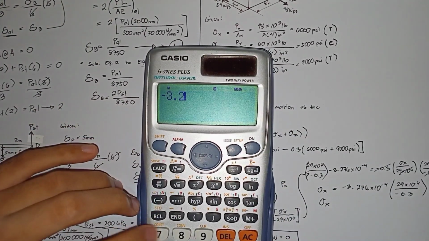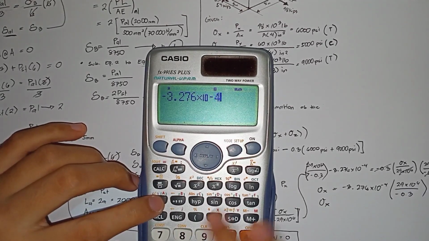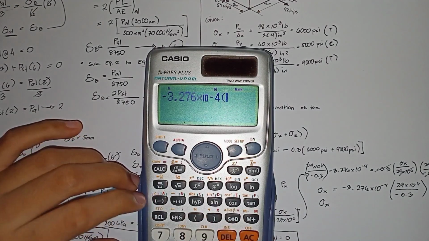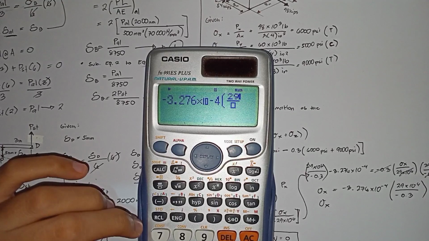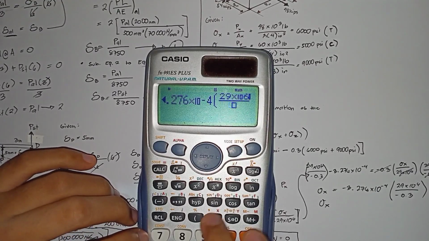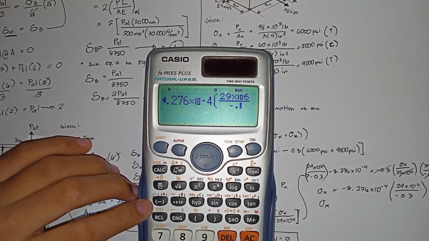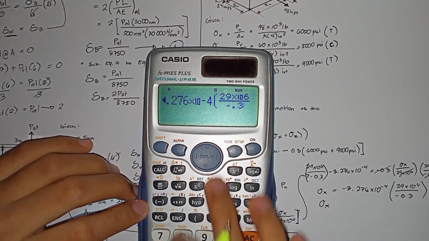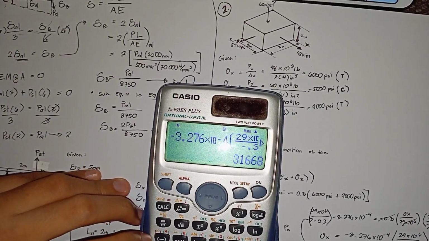Tatanungin natin ngayon si calculator. 3.276, 10 raised to negative 4. Be careful doon sa paglagay natin ng mga exponent kasi usually dyan tayo nagkakamali. 29 times 10 raised to 6 all over negative 0.3.